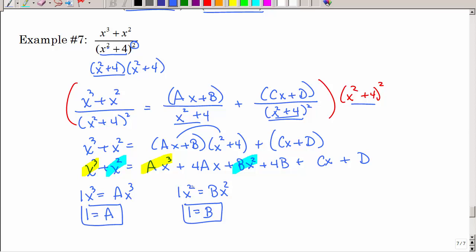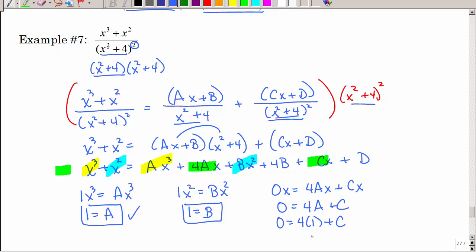Too easy, too easy. Well, now let's look at the x's. I have none here. I have 4ax and cx. So I have 0x equals 4ax plus cx. I can keep going because I know a is 1. So that tells me c is negative 4. Almost done.